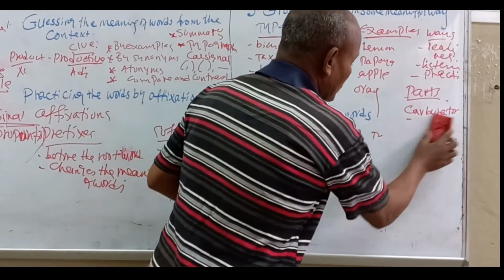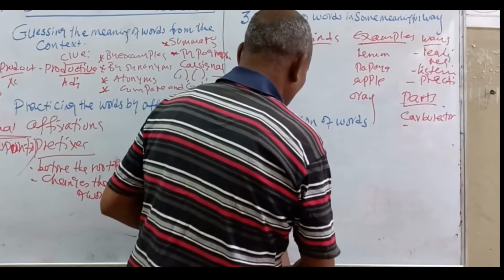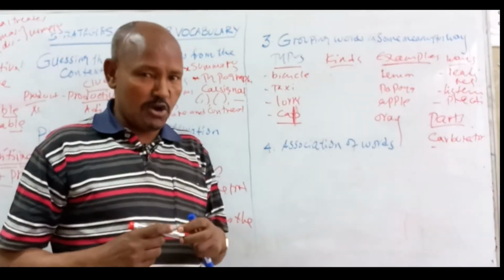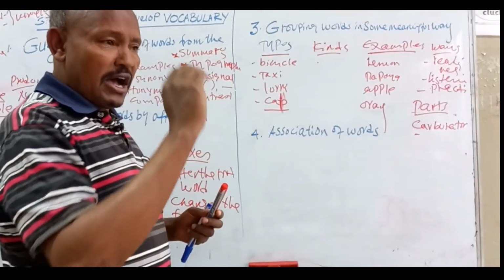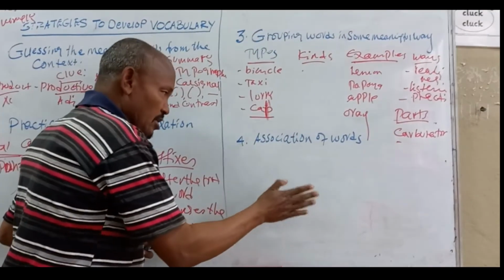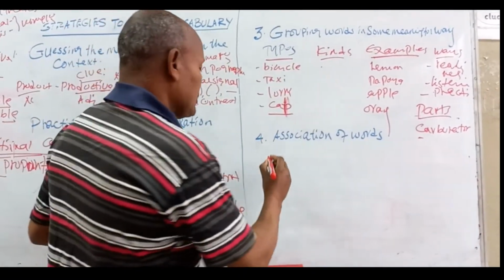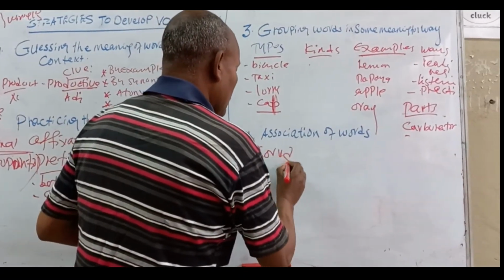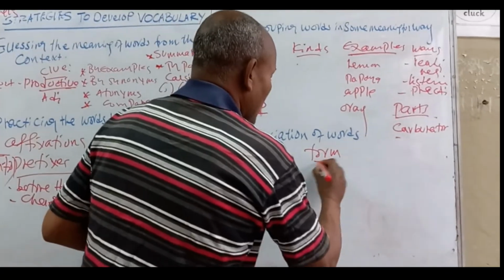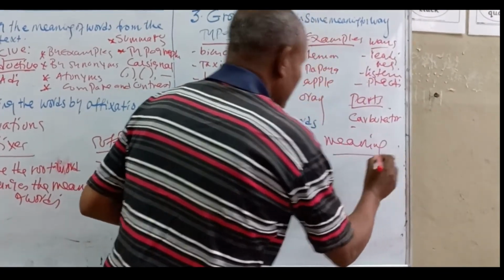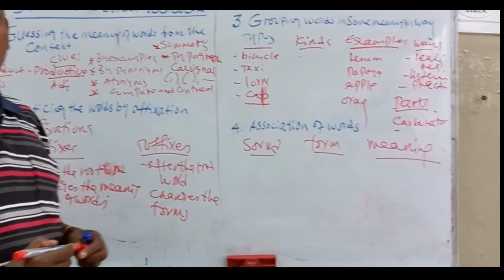The other very important strategy is association of words with the words that we have already known. Association means collocation of words, or association of one word with other words. One is sound association, another is form association, and another is meaning association. We have to use these ways of association.